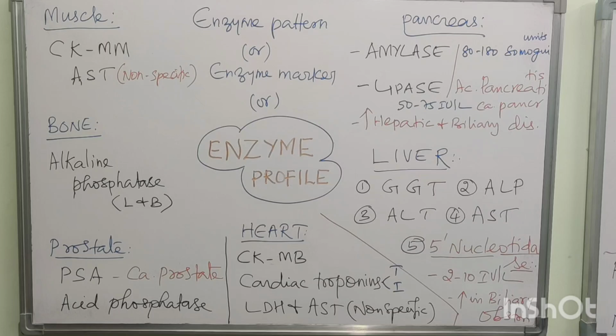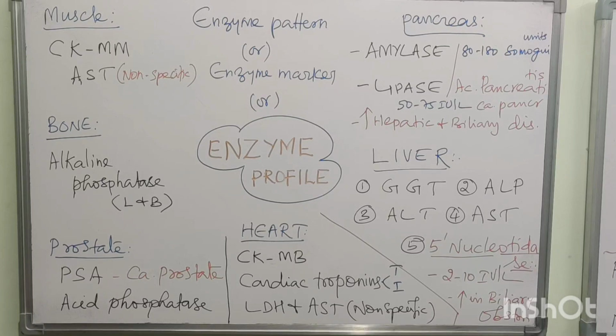Okay. Next one is, already we have discussed alkaline phosphatase, the remaining are ALT and AST. ALT is otherwise known as serum glutamate pyruvate transaminase. AST is otherwise called serum glutamate oxaloacetate transaminase. Right? So here the ALT normal value is 15 to 35 international units per liter.